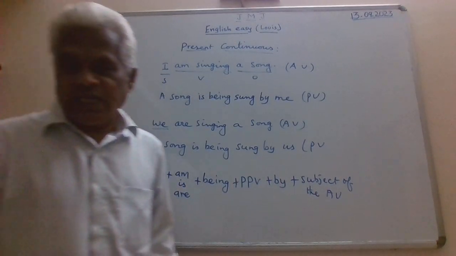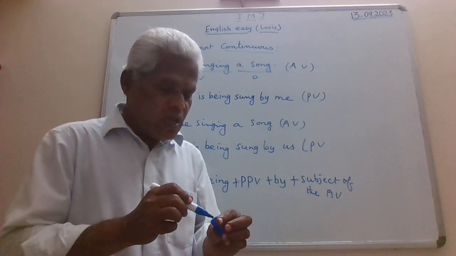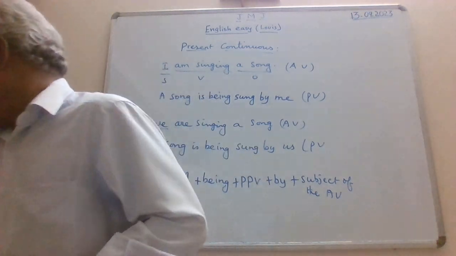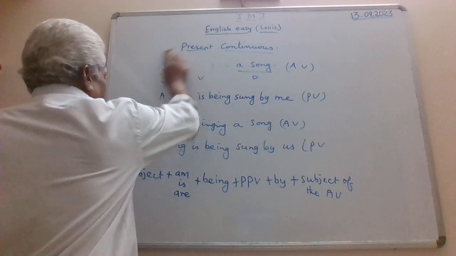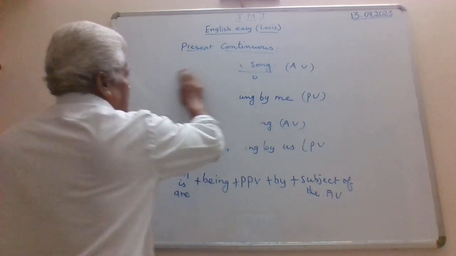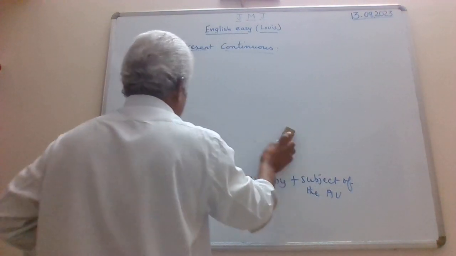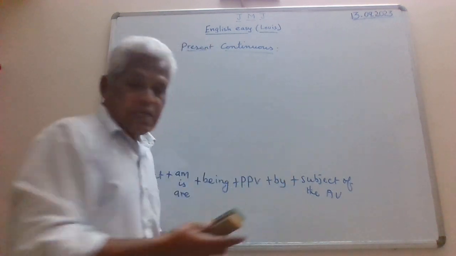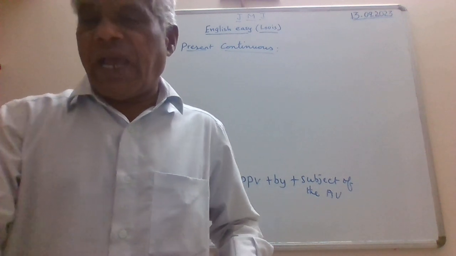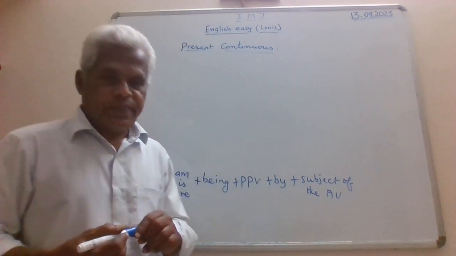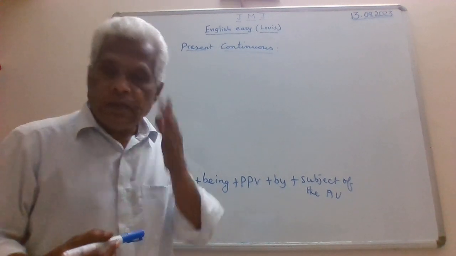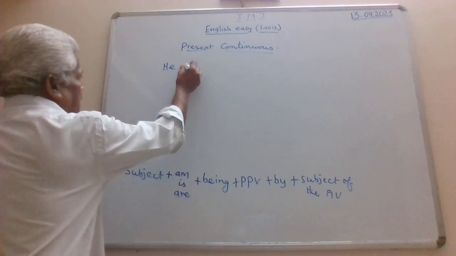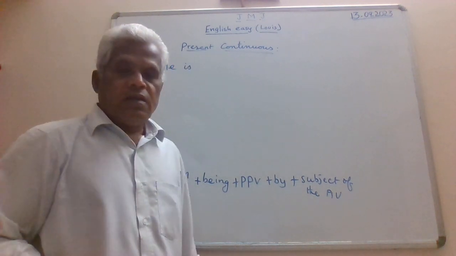So let's write one or two sentences more, then you can easily understand. Okay, let me rub this, and then we'll write one or two sentences again. Now let's have the subject I. See now, he is, same sentence.